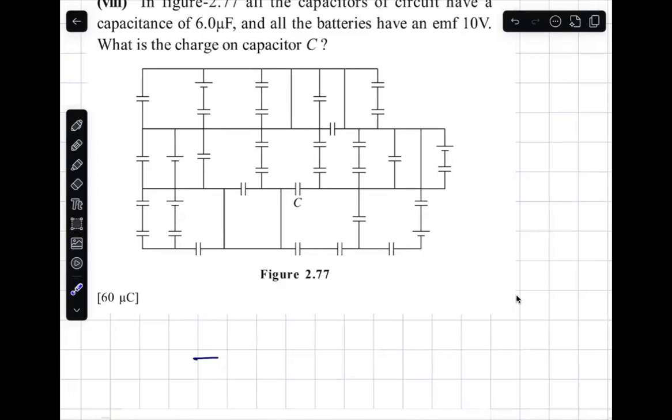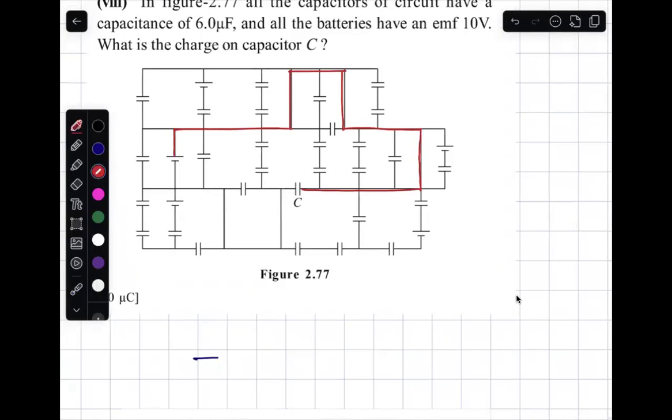Now the question is, let me draw the path clearly. It's like your Google map. Next, down, left. If you are drawing all that with the same color, you will feel they are sorted. Down.